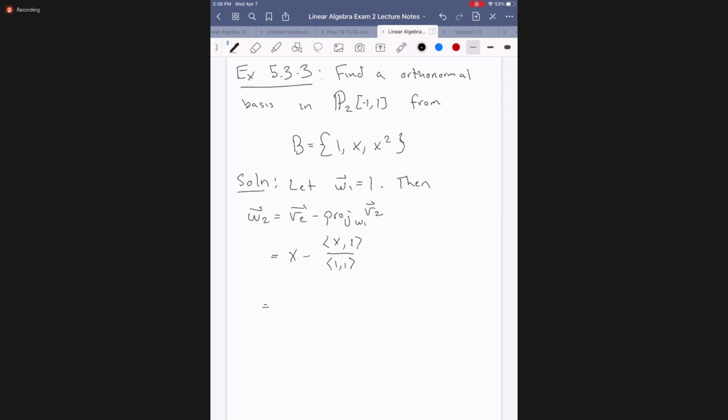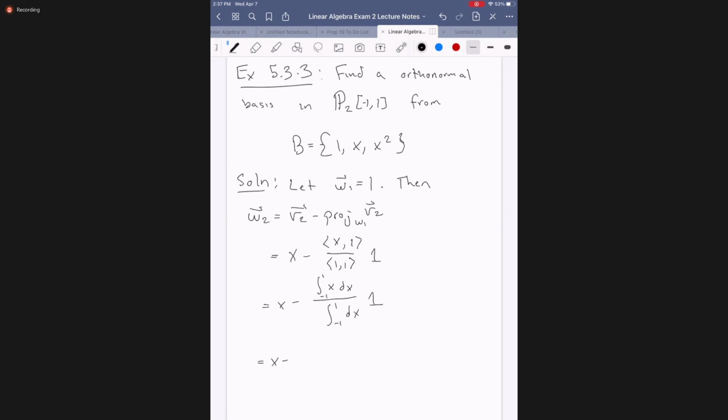So this is going to equal x minus the integral of x dx from -1 to 1 divided by the integral from -1 to 1 of dx, right? Oh yeah, and then this should be W1.